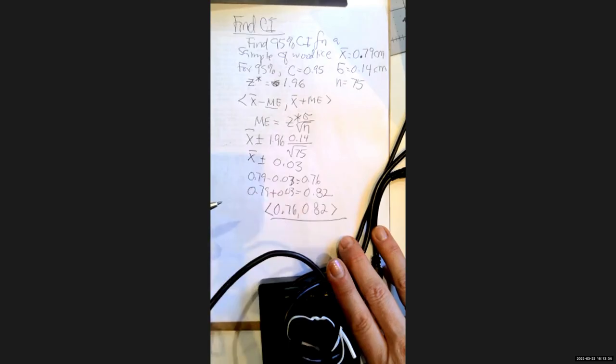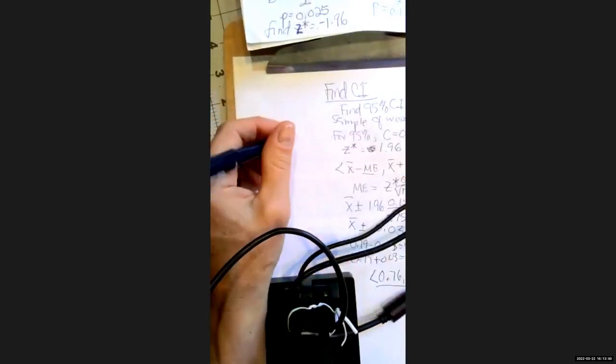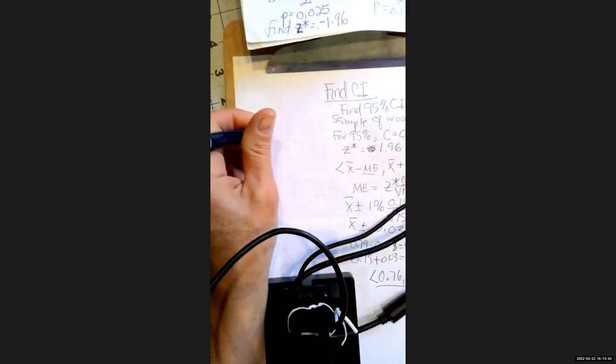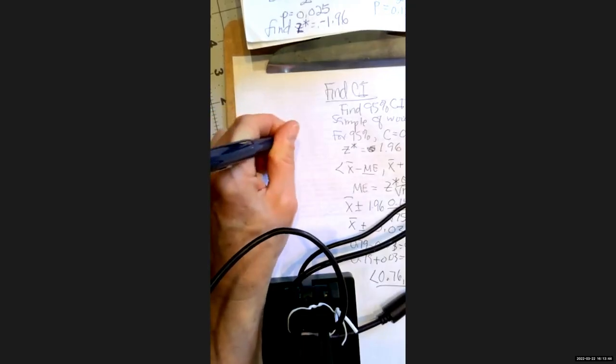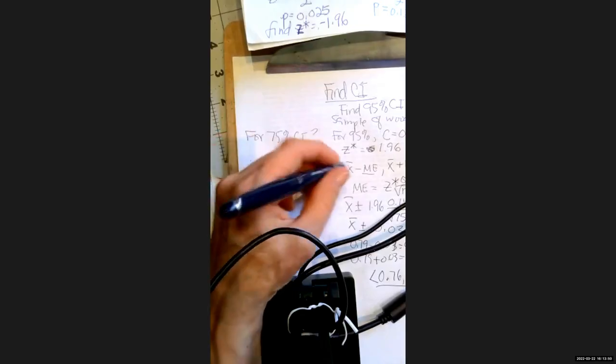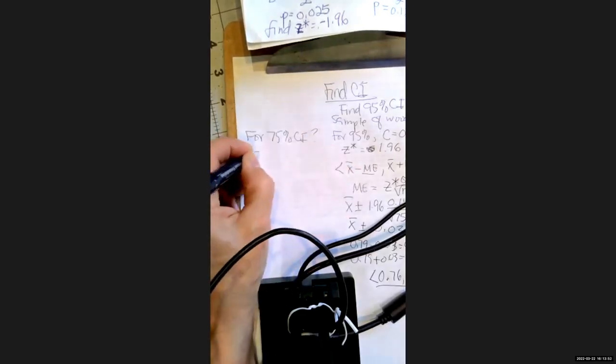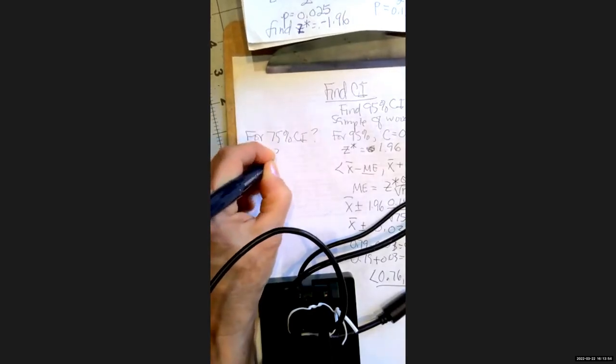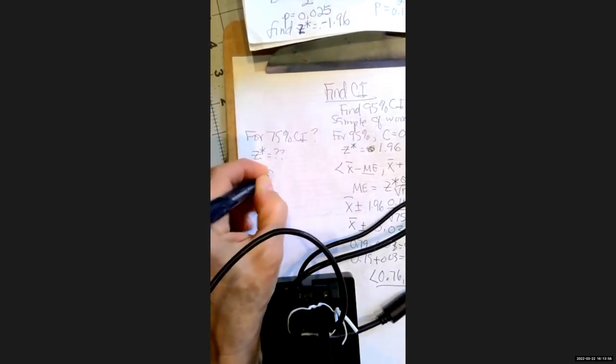Right. Now, suppose we didn't want to do a 95% confidence interval. We wanted to do some other one that was more goofy. So suppose we had a 75% confidence interval. All right, so everything else is going to be the same. We're going to have a different Z star. Right. So our C equals 0.75.